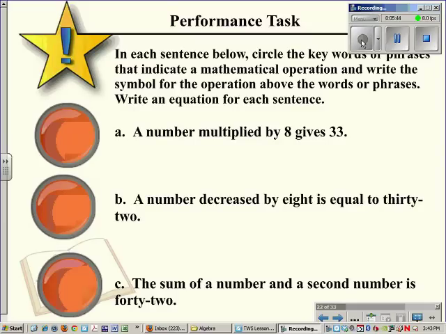In each sentence below, I want you to circle the key words or phrases that indicate a mathematical operation and write the symbol for the operation above the words or phrases. So you're looking for key words or phrases that match mathematical symbols: adding, subtracting, equals, multiplying, dividing. Write it above and then write each equation in your notebook.